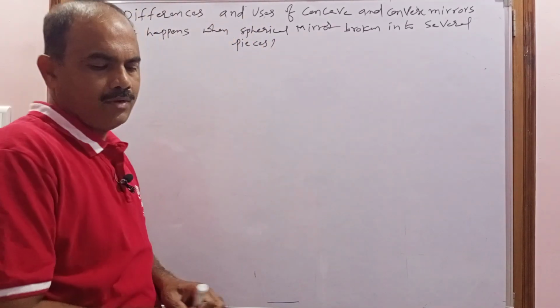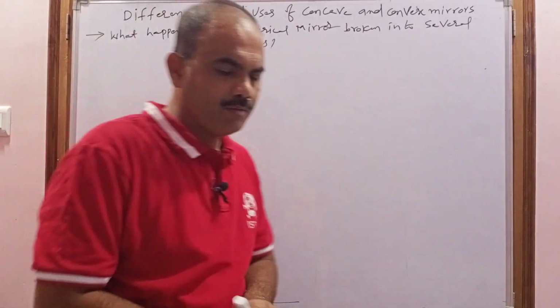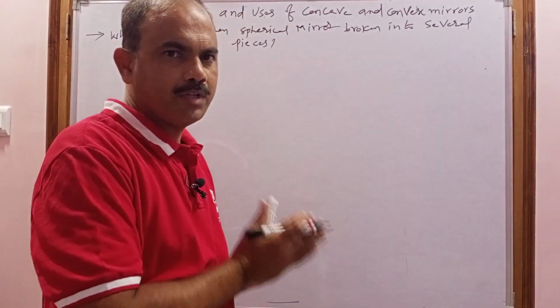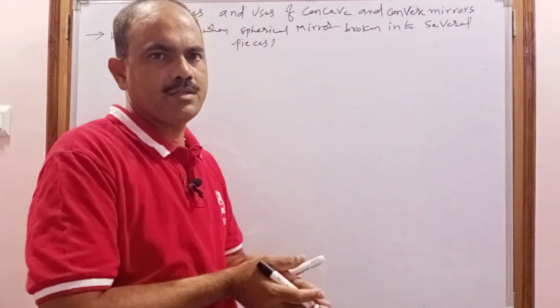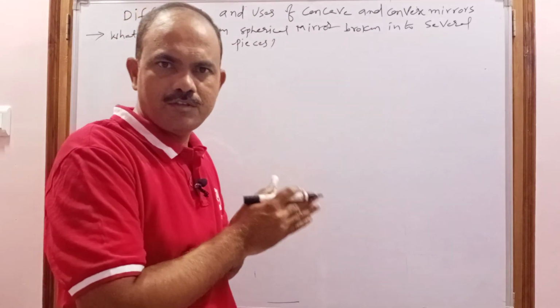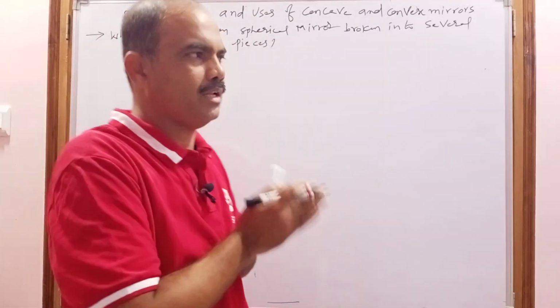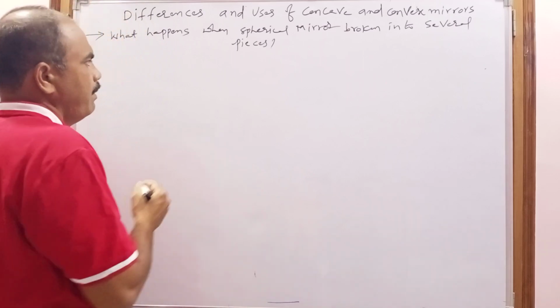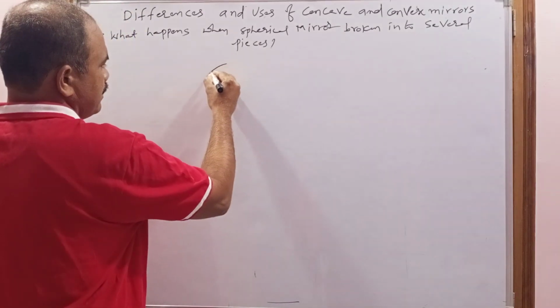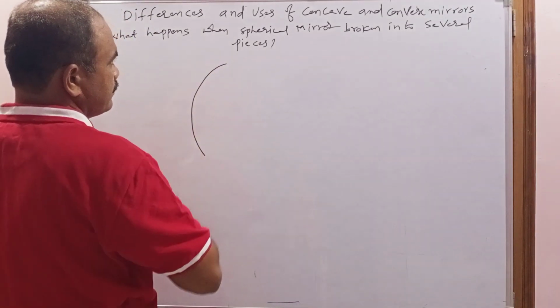Nothing but whether the focal length changes or the radius of curvature changes, whether it can form the complete image or a partial image, or whether the intensity of the image changes or not, I am going to tell. So for example, let us consider it is a concave mirror.